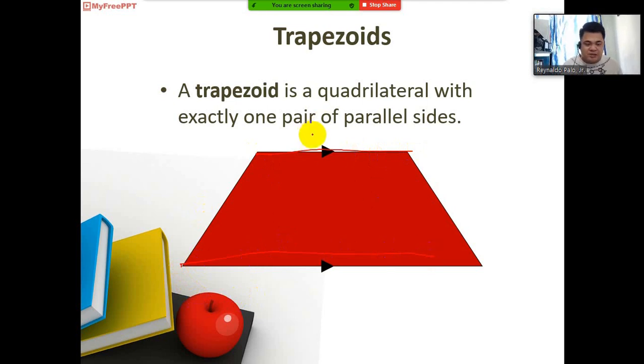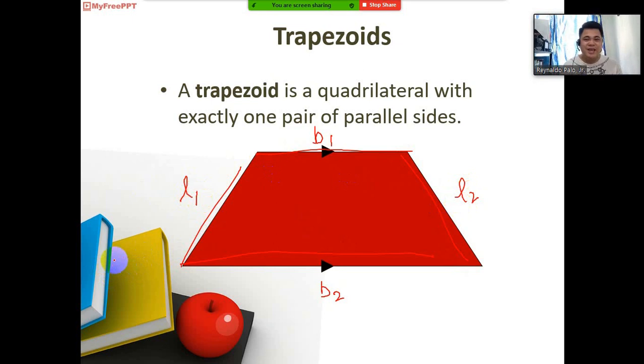These parallel sides are what we call the bases. This one we can write as base sub 1. This one is base sub 2. And then the other two sides are what we call the legs. This is leg sub 1. This is leg sub 2. So what's the difference of it from a parallelogram? It has only one pair of parallel sides.